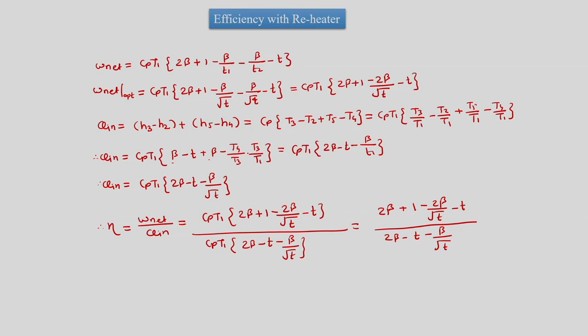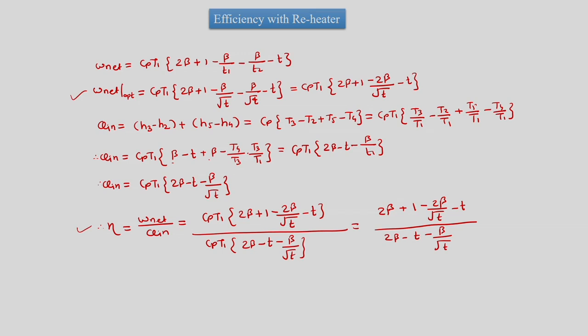So this is the formula for maximum efficiency in the case of the Brayton cycle with reheater attachment. This we can use for two cases. One, we can plot it, since the efficiency and network are now expressed in terms of T, for different T's.